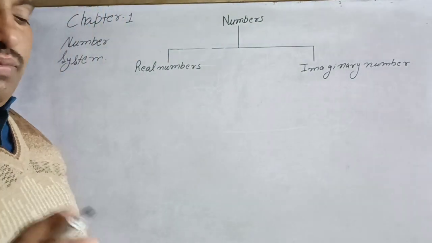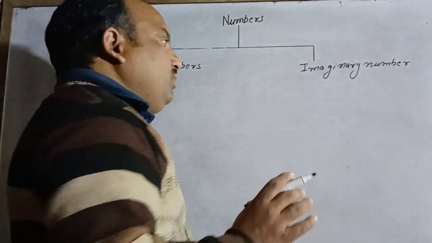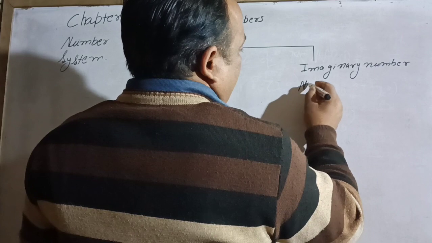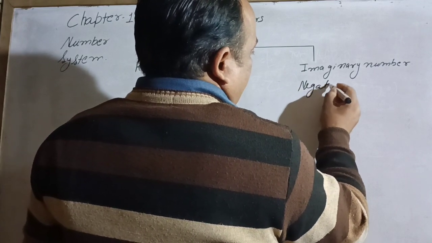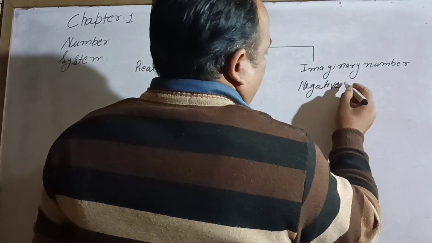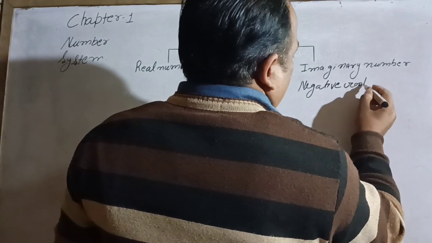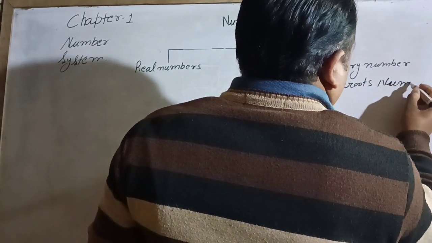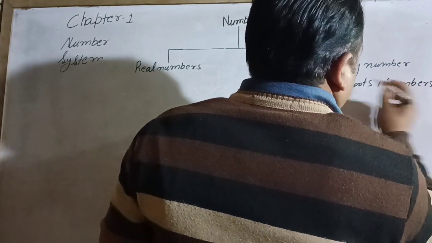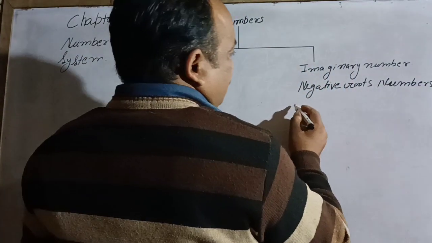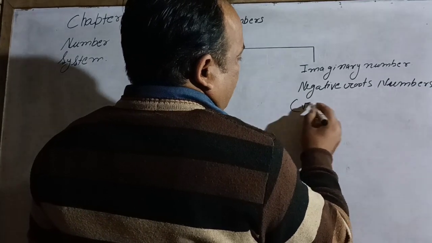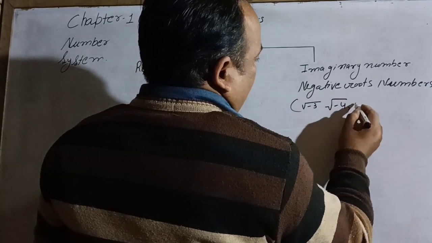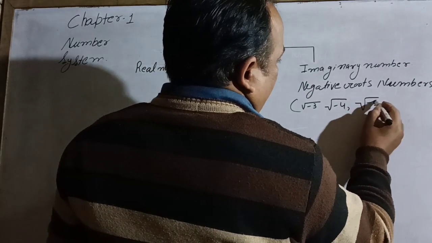Imaginary numbers means numbers which have negative roots, like minus root 3, minus root 4, minus root 5.